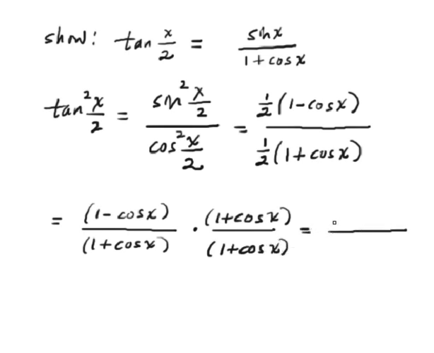So here we have on top 1 minus cos squared x. And on the bottom we have 1 plus cos x squared. And of course the top is sine squared x.